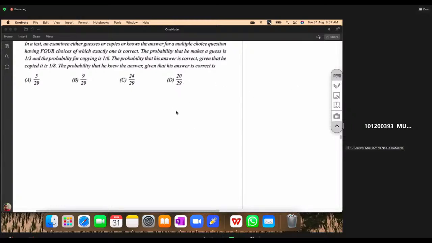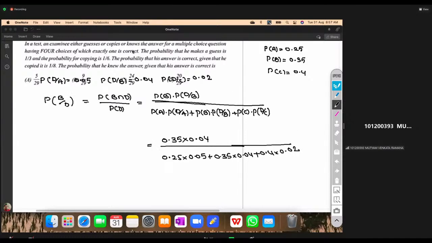Sir, in the previous question, that 5% and 4%, is it out of that 25 and 35 or out of 100? You should not. Whatever the number of A items are coming, 5% of those are defective.